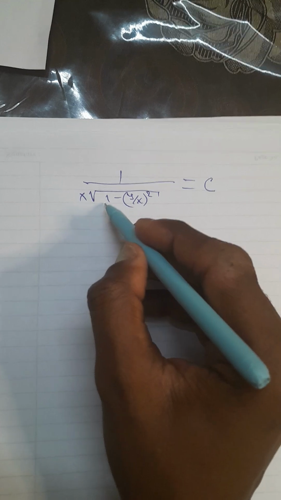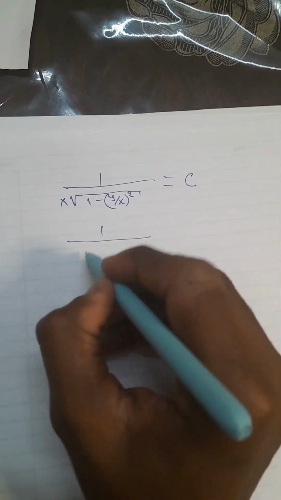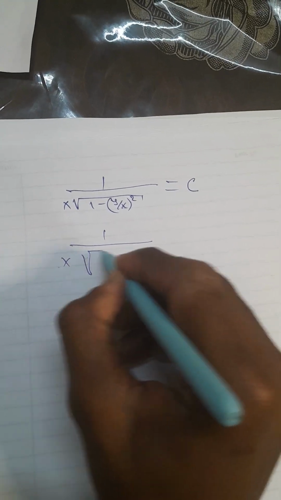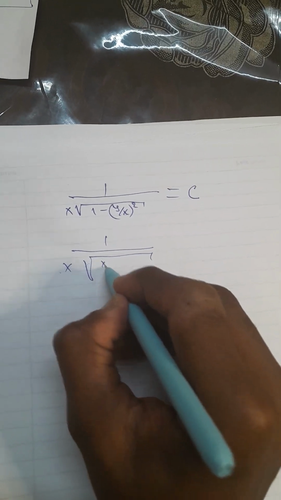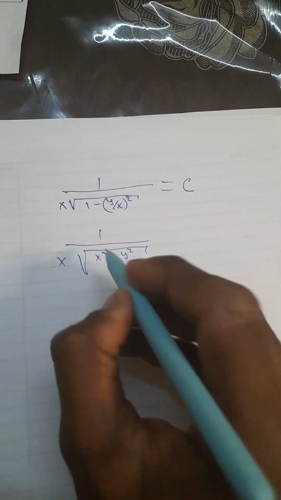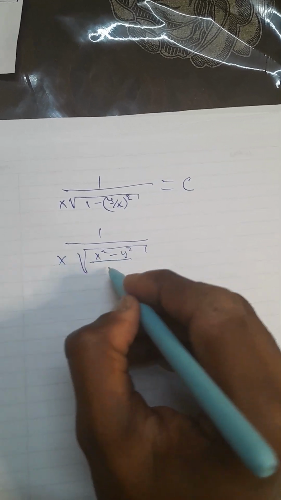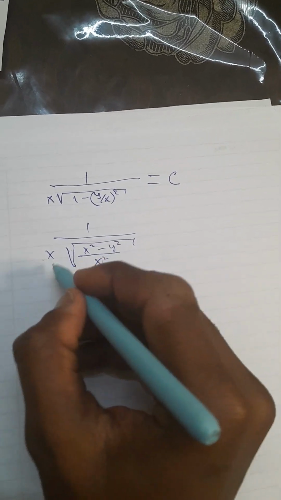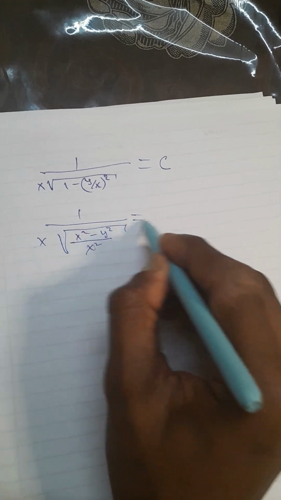If you find the common denominator, you get 1 upon x, and here you'll get x square minus y square all upon x square, is equal to c.